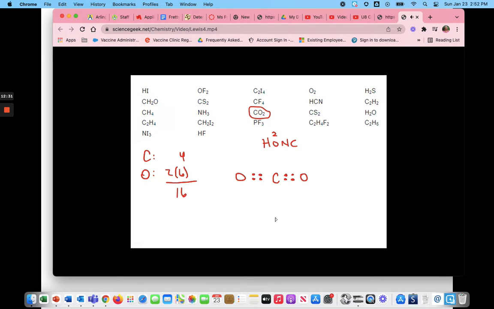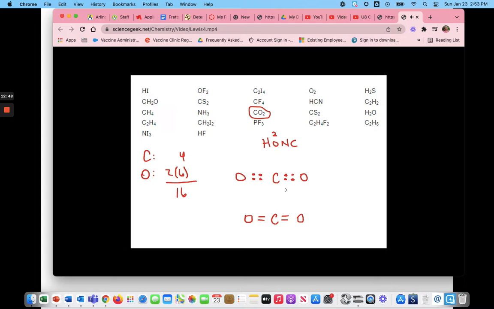If I were to rewrite this at this point, it wouldn't be complete, but you could see more easily the 2 shared pairs written as a double covalent bond, and carbon has 4 covalent bonds around it.